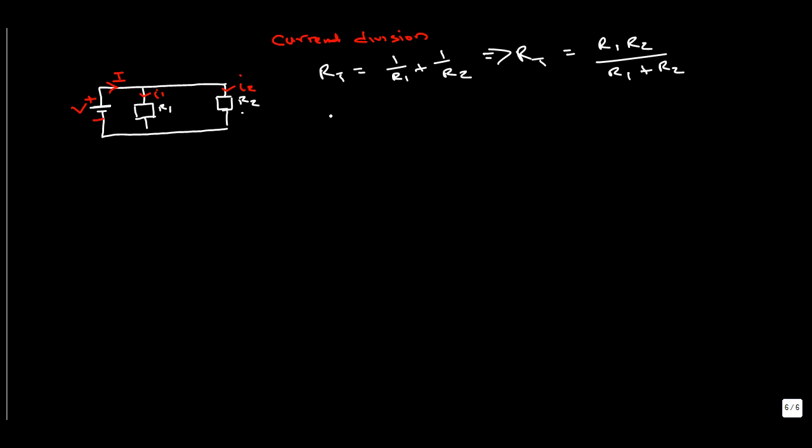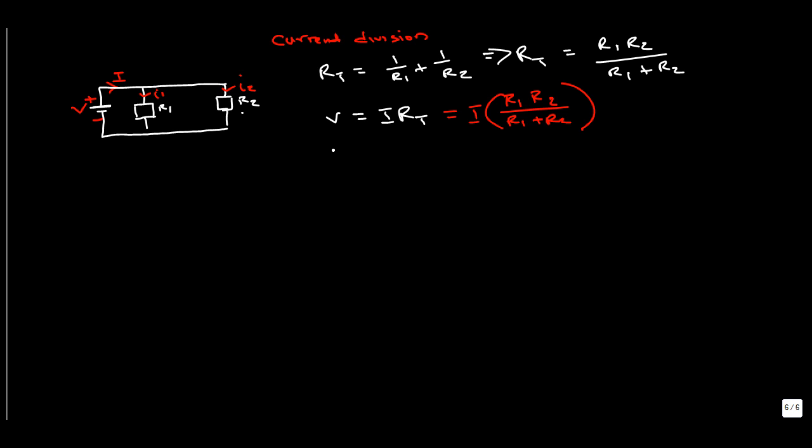We know that V is equal to I RT, the current times the total resistance. We can rewrite this as I times what we already obtained for the total resistance, R1 R2 over R1 plus R2.